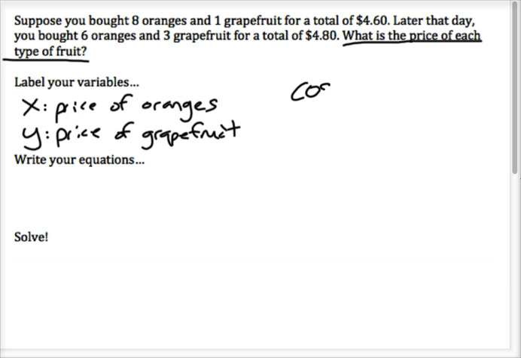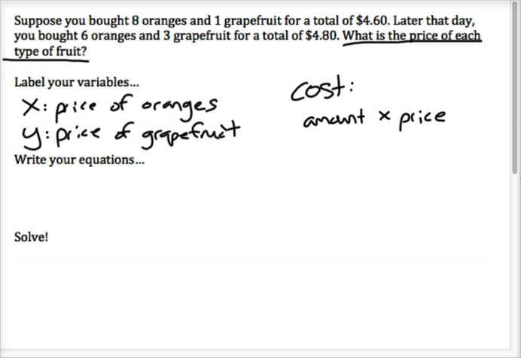So cost is always going to reference amount times price. And that's always going to give you the cost, how much you're spending. All right, that's going to be key in a lot of these scenarios. So when I'm writing my equations, we are writing money equations. They're giving us how much money we're spending.